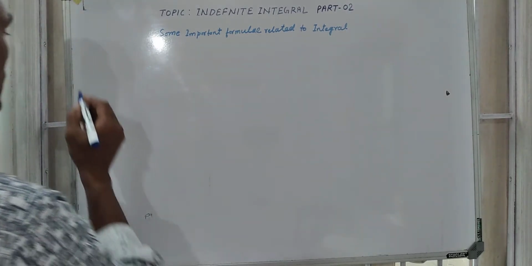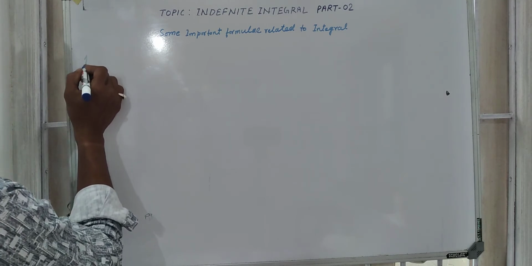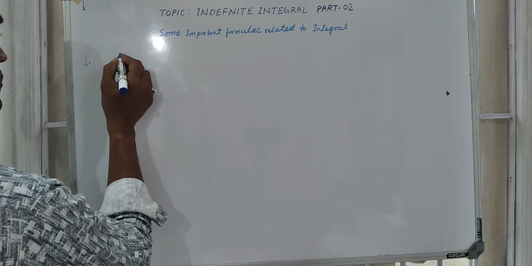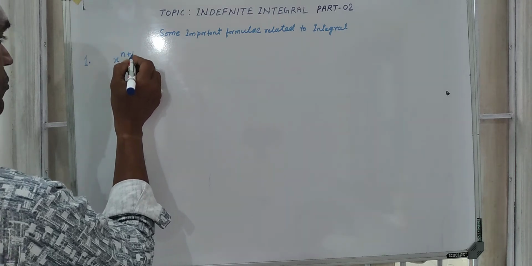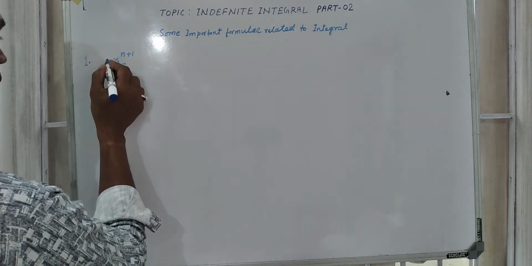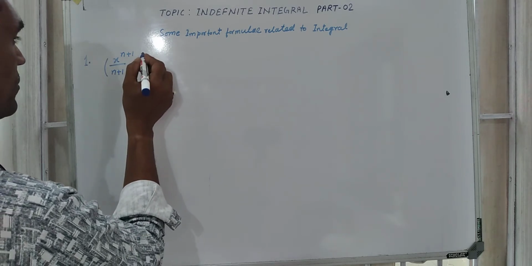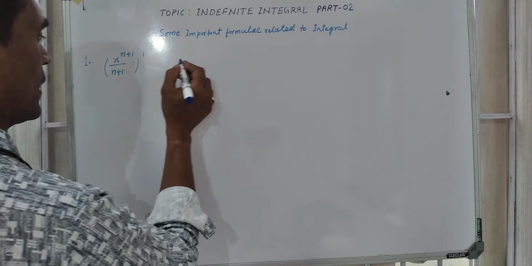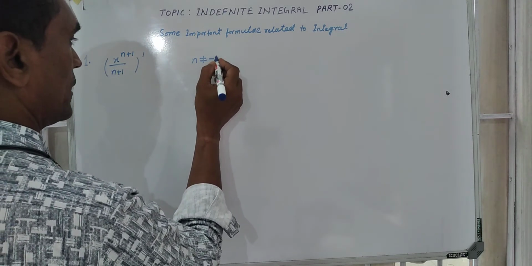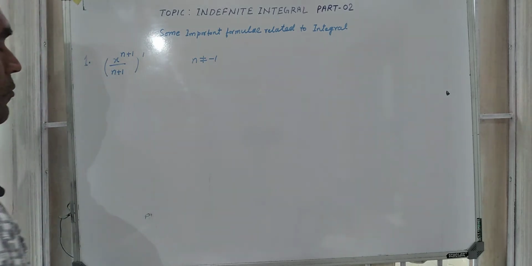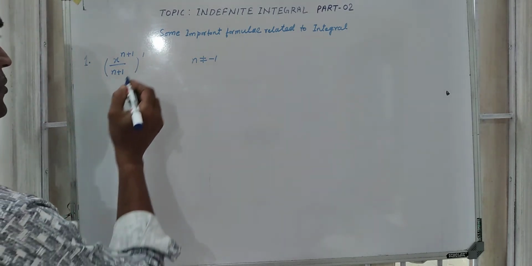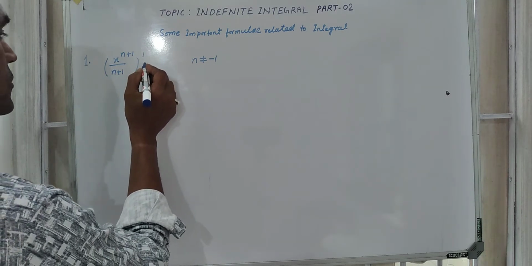So first of all, see formula number 1: x to the power n plus 1 by n plus 1, derivative of this. Here n is not equal to minus 1, because when n becomes minus 1, then denominator becomes 0. So it should not be.